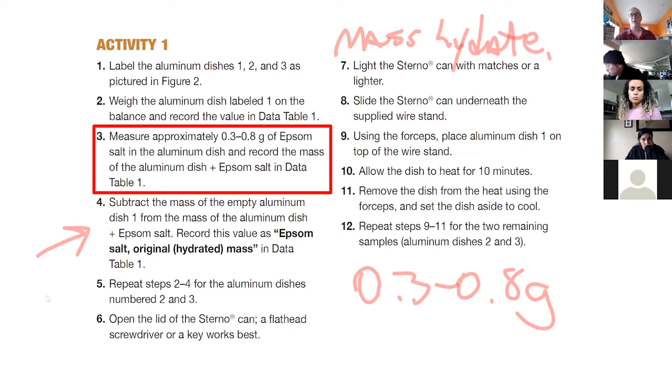So we're going to need our mass of hydrate. That's our starting material, because that's our salt plus our water. And then we're going to heat these underneath the sterno can for about 10 minutes. You're going to hear it crackle and pop and everything else.